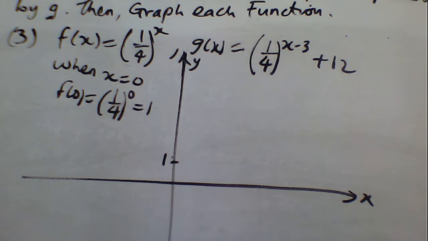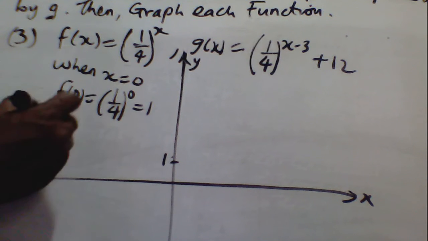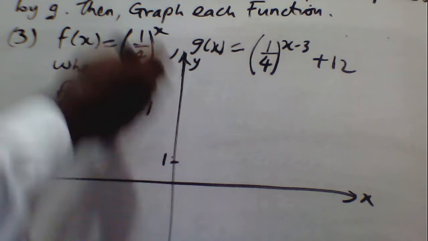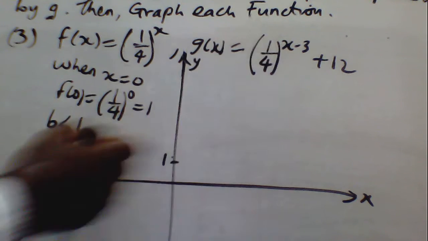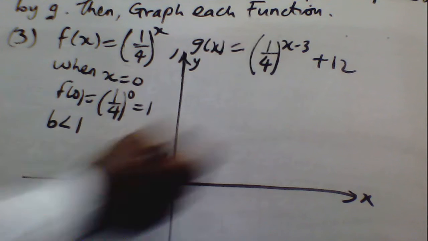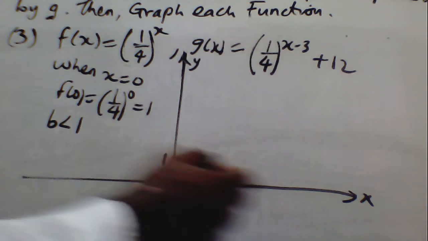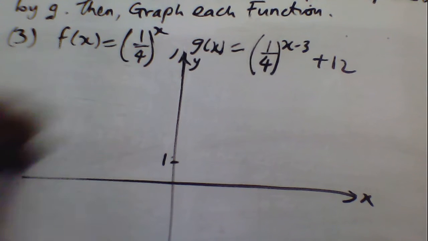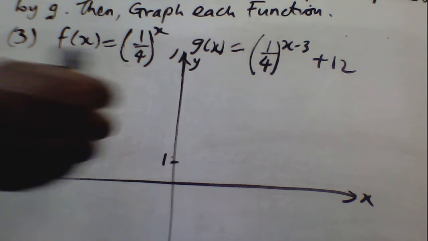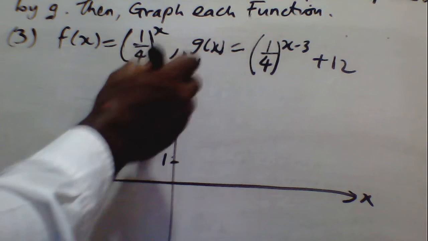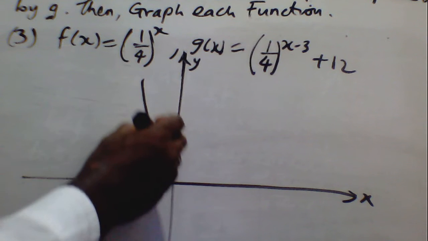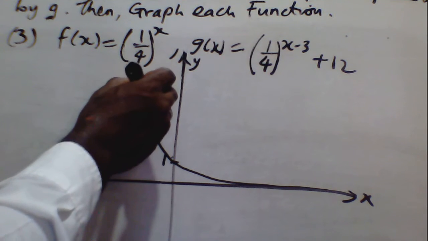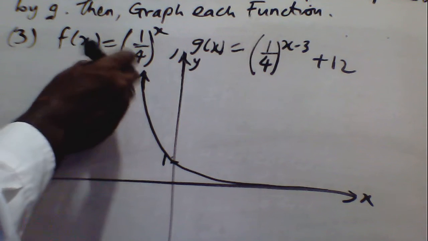And because b is less than 1, the function will go from the left to the right, decreasing. So put your curve. This is the graph of f of x.